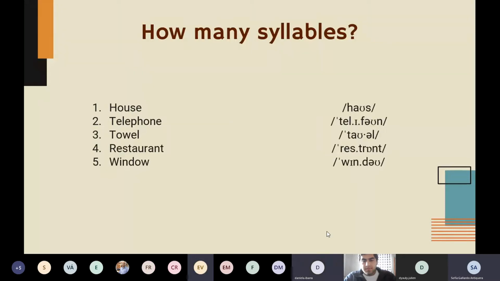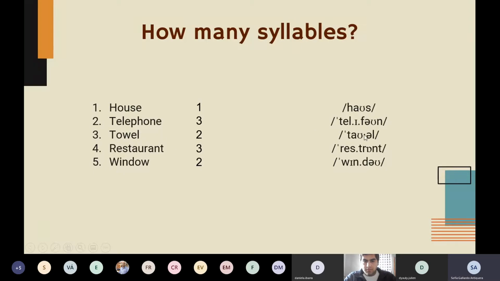Okay, so the answers are: house has one syllable. Then we have telephone. You can see the little dots are the syllables. Those dots in the transcription represent the syllables. Towel has 2.